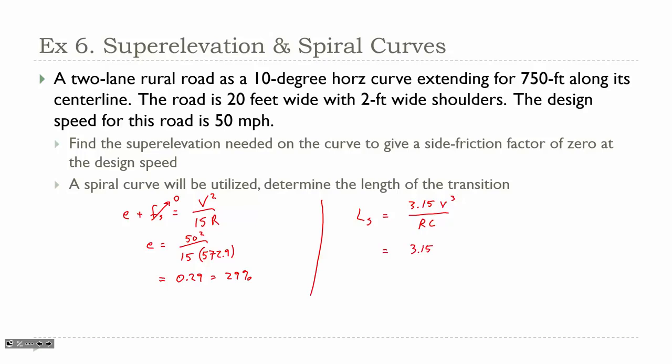Since it is an uppercase V, we keep it in miles per hour. So we would have 50 cubed... 13. So at 50 miles an hour, 13 feet, you might as well not even have a spiral curve.